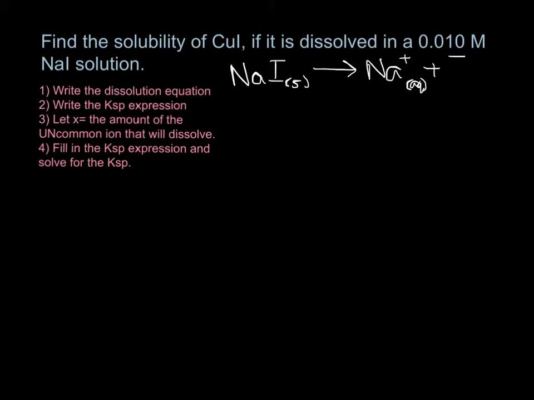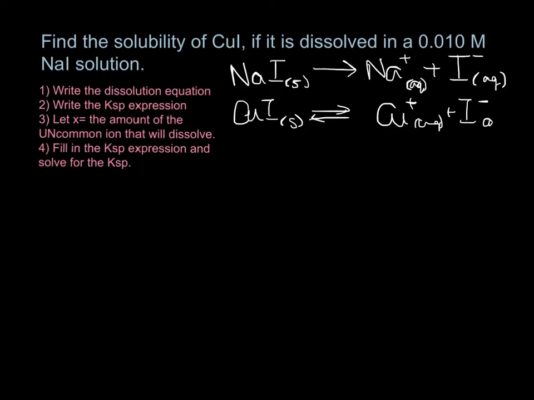And for the other one, we're going to use a double-headed arrow because copper 1 iodide is not completely soluble. Cu plus and I minus. And you'll notice that they have an ion in common. They both have the I minus.